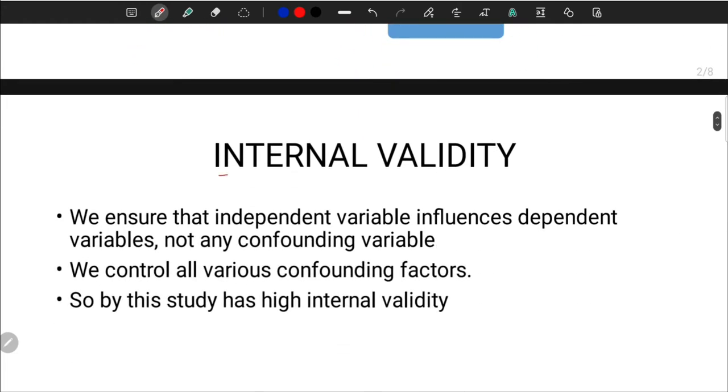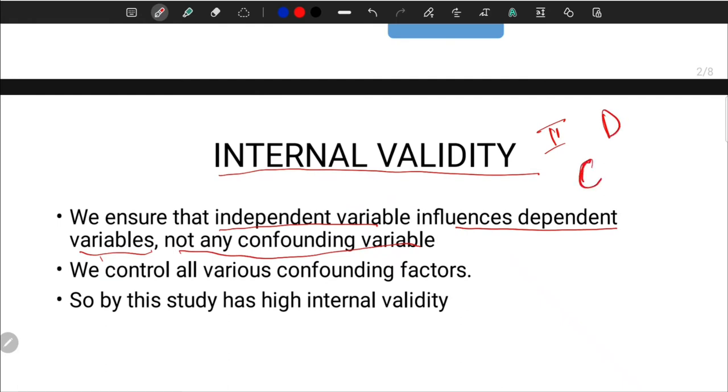First is internal validity. In this we ensure that the independent variable only influences the dependent variable, not any confounding variable. As we have discussed about variables, there are three variables: independent, dependent, and confounding. Confounding is like a disturbing element.